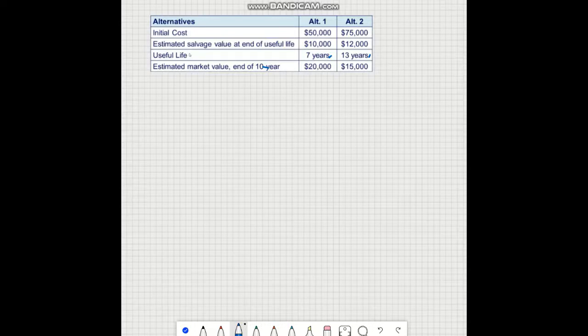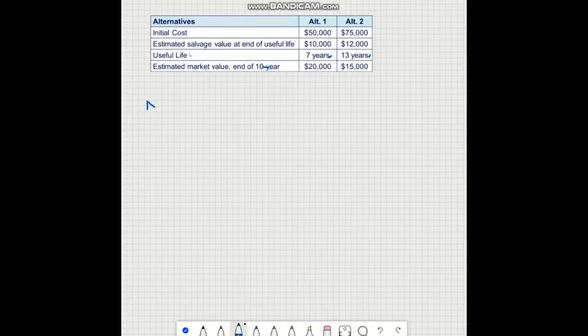The first alternative, the initial cost is 50,000, second alternative 75,000, and estimated salvage value, which is at the end of this useful life, is 10,000 for one and 12,000 for the other, if it finishes in 7 years and if it finishes in 13 years, as you see here.